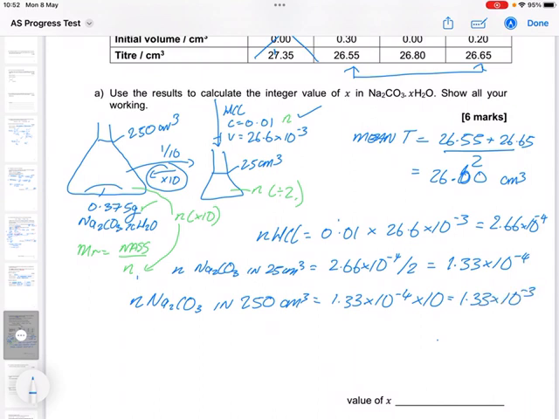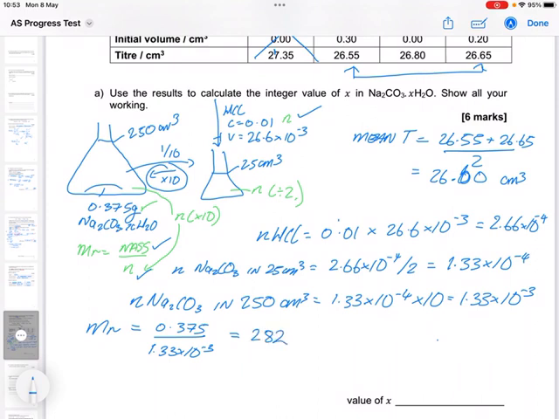So I've now got this, I've got that in the question. So the MR is 0.375 divided by 1.33 times 10 to the minus 3, which equals 280 to three significant figures.